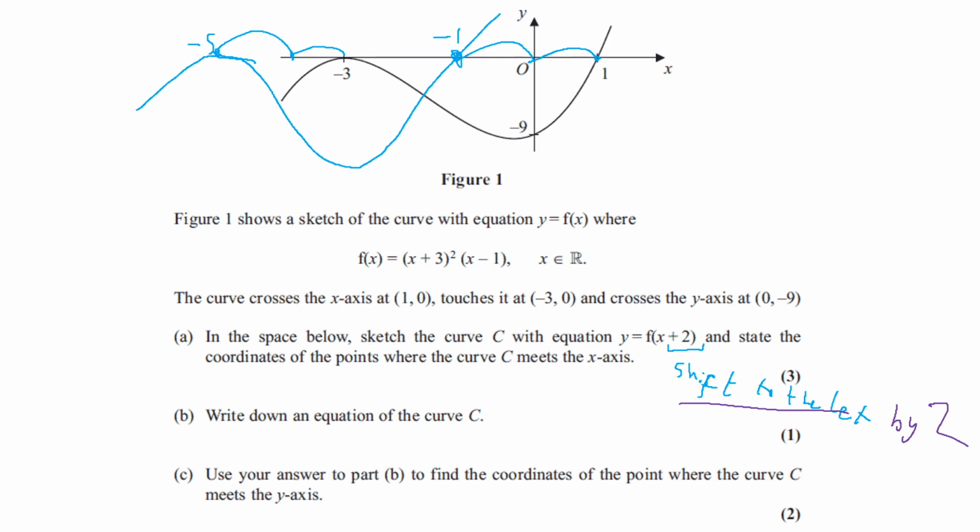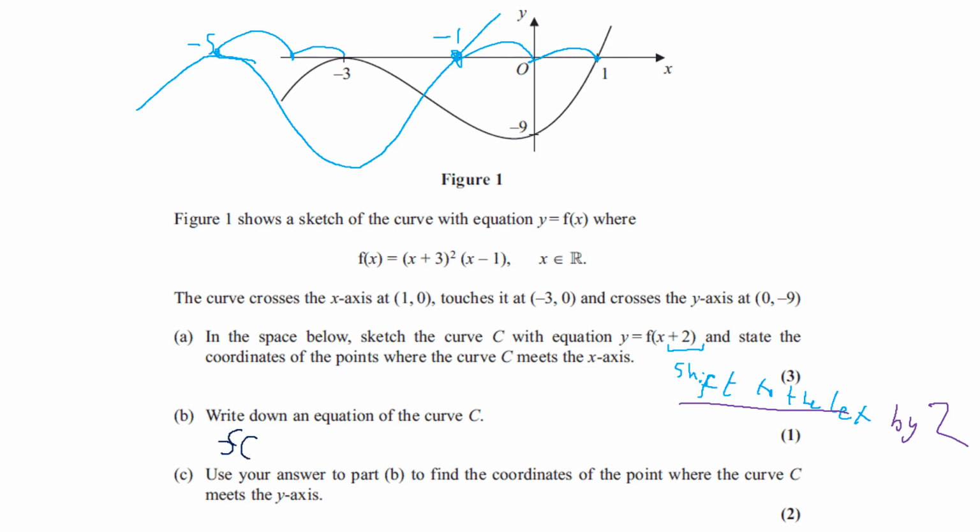So now, what is the equation of the curve going to be like? Do you guys remember when we did composite functions? We know that f of x is equal to (x plus 3) all squared times (x minus 1). So all we're going to do is substitute in x plus 2.